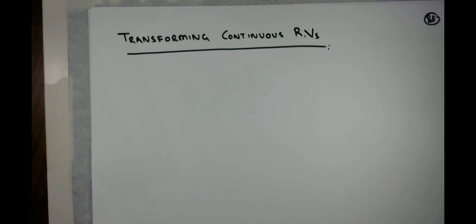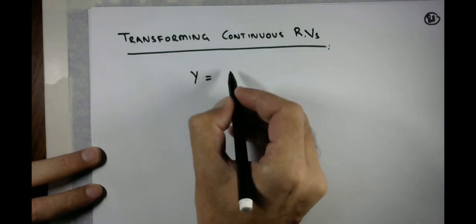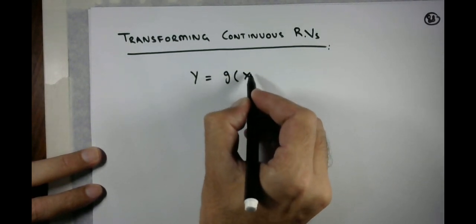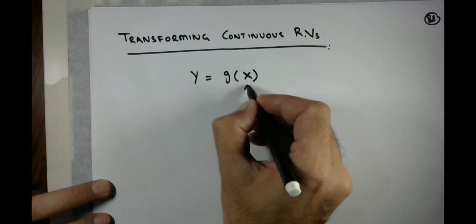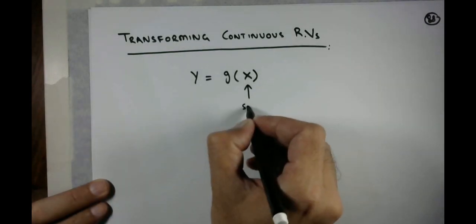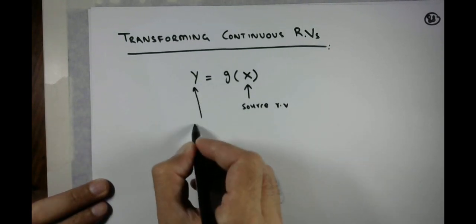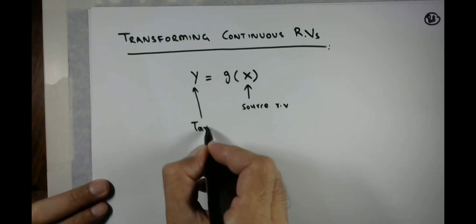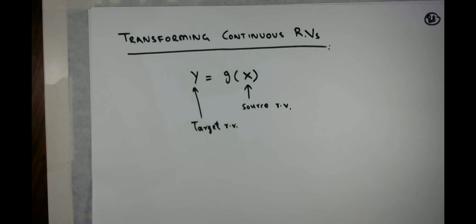Transforming a continuous random variable would mean that suppose we have a random variable y which is a function of a random variable x, and we say that this is your source random variable and this is your target random variable.